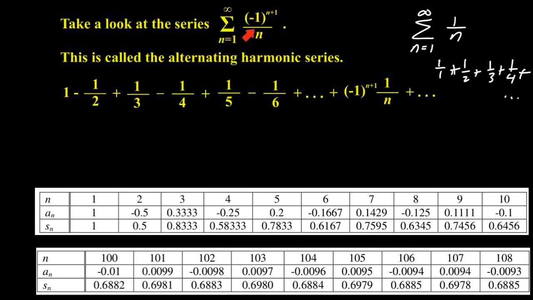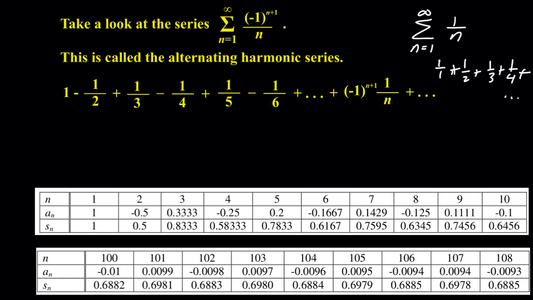When n is equal to 1, that's going to give you negative 1 squared, which is positive 1. And then when n is 2, you get negative 1 to the third power, which is negative 1. So what you're going to do is alternate your signs. You're going to have positive 1 minus a half plus a third minus a fourth plus a fifth, and so on. And it just keeps on going forever. This is called an alternating harmonic series.